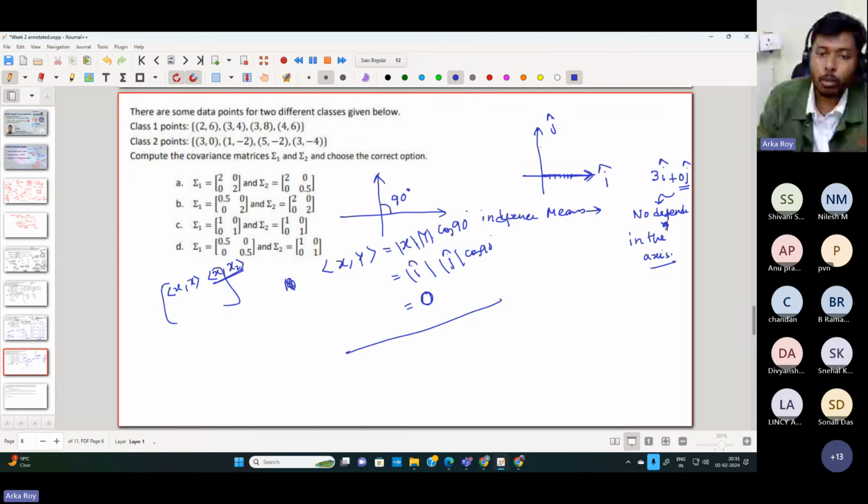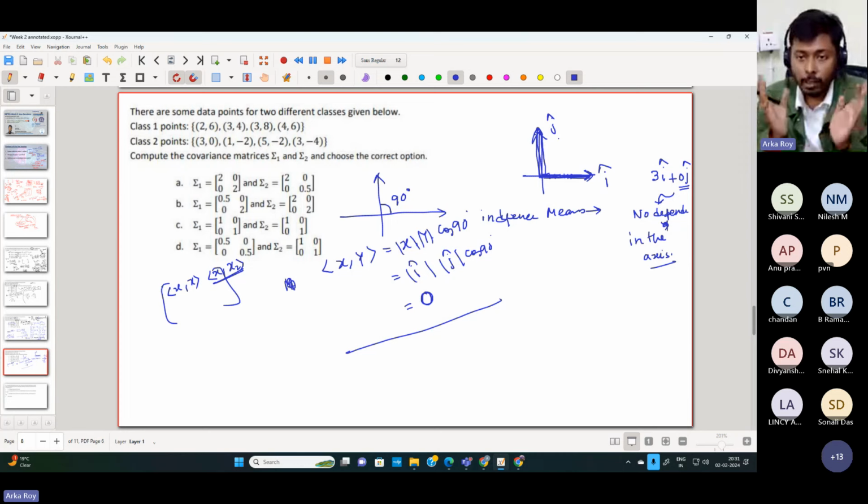Because perpendicularity or orthogonality ensures that they have no correlation with each other. So when you are moving along this axis, along this I cap, you don't have to think about j cap. And when you go along the y-axis, you don't have to think about I cap. This is why everywhere you talk about orthogonality or independence.